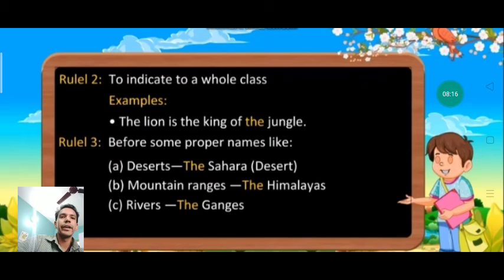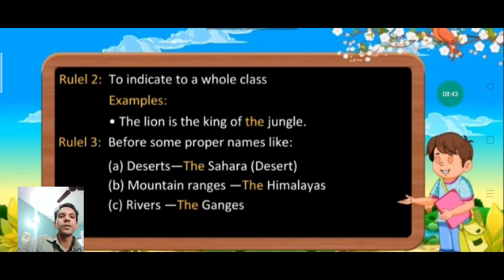One more thing we can understand, children, is that proper names are proper nouns, which means we are talking particularly about someone. For example, when we are talking about Mahatma Gandhi, we will not say just Mahatma Gandhi.